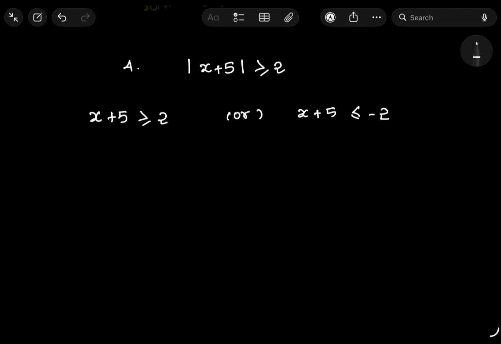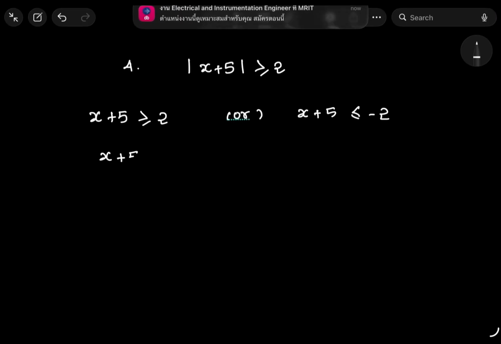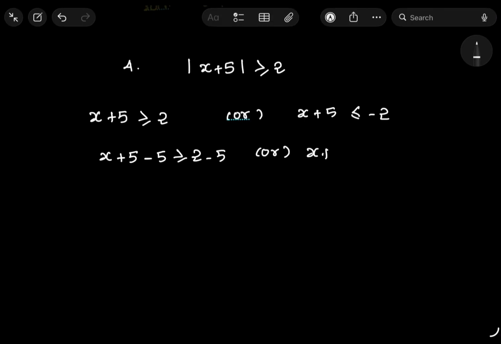So subtract 5 from both sides. We have x plus 5 minus 5 greater than or equal to 2 minus 5, or x plus 5 minus 5 less than or equal to negative 2 minus 5. So it becomes x greater than or equal to negative 3 or x less than or equal to negative 7.